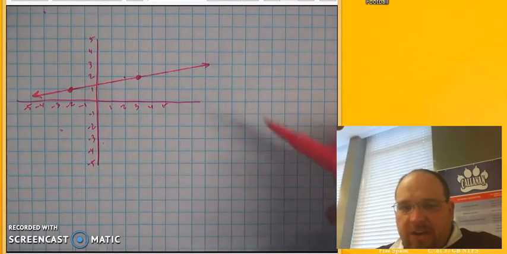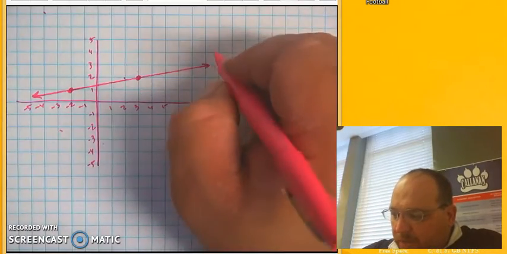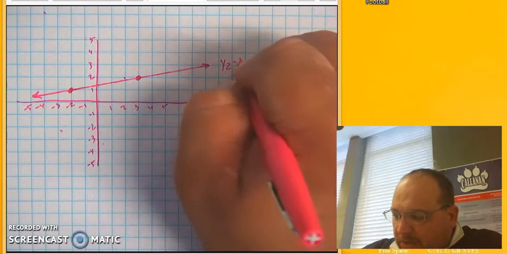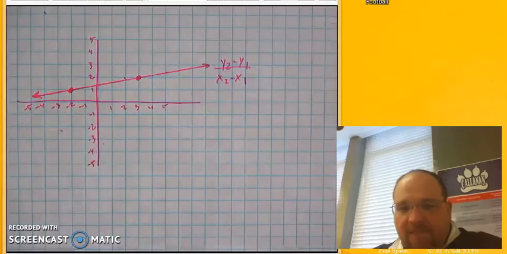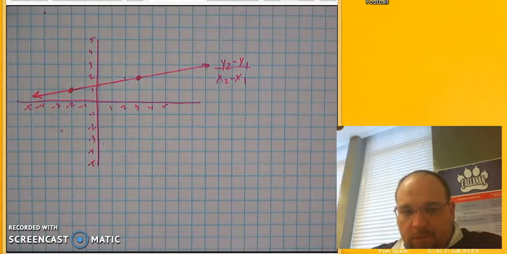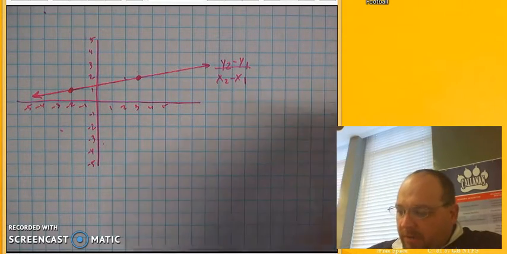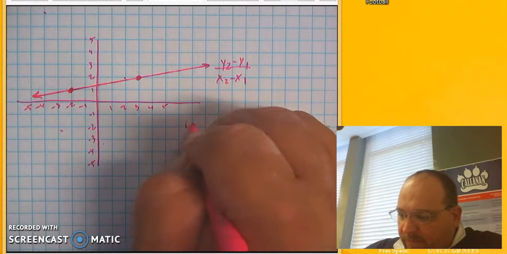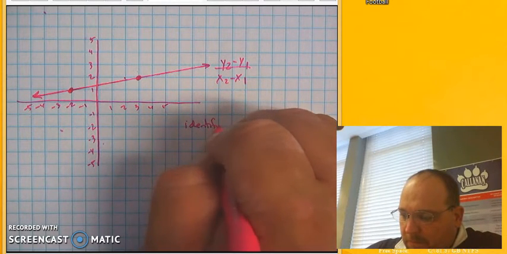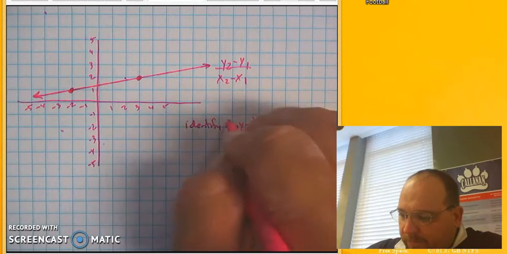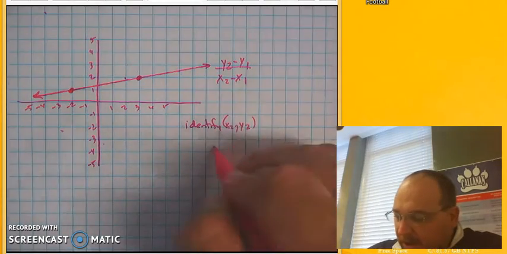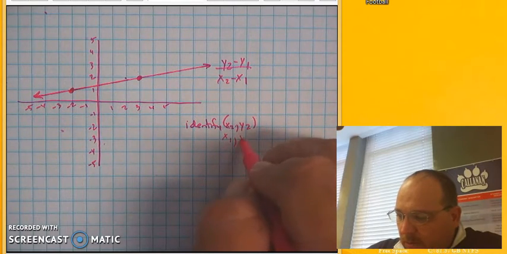All right, I want you to go ahead and do one on your own. Use the slope formula, again, y2 minus y1 over x2 minus x1, and find the slope. At this point, you need to identify x2, y2, and identify x1, y1.